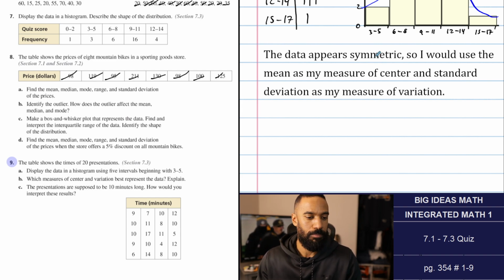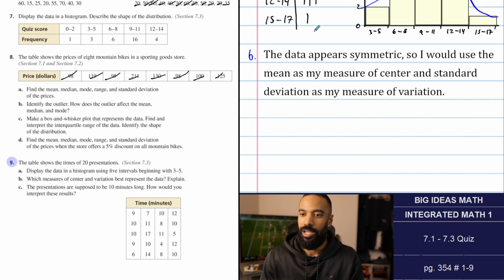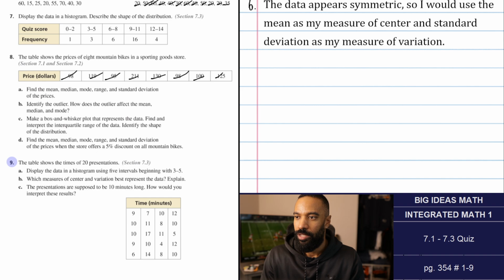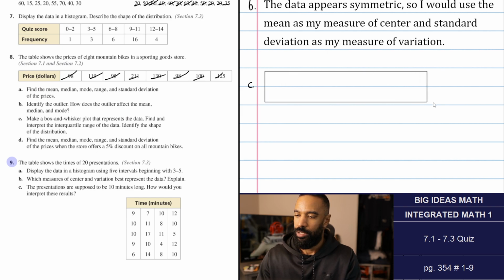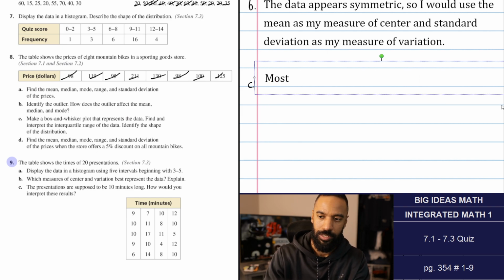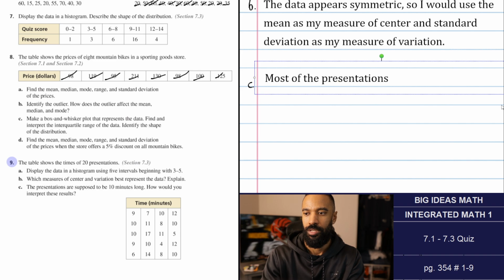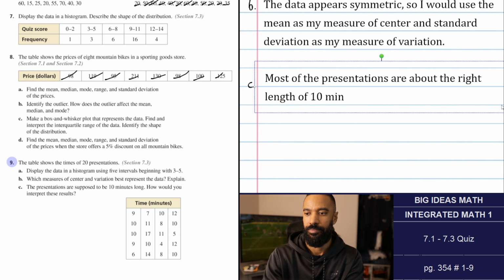So this is part B, and then part C, I'd say they don't fall off very far. This is good. Most of the presentations are about the right length of 10 minutes.